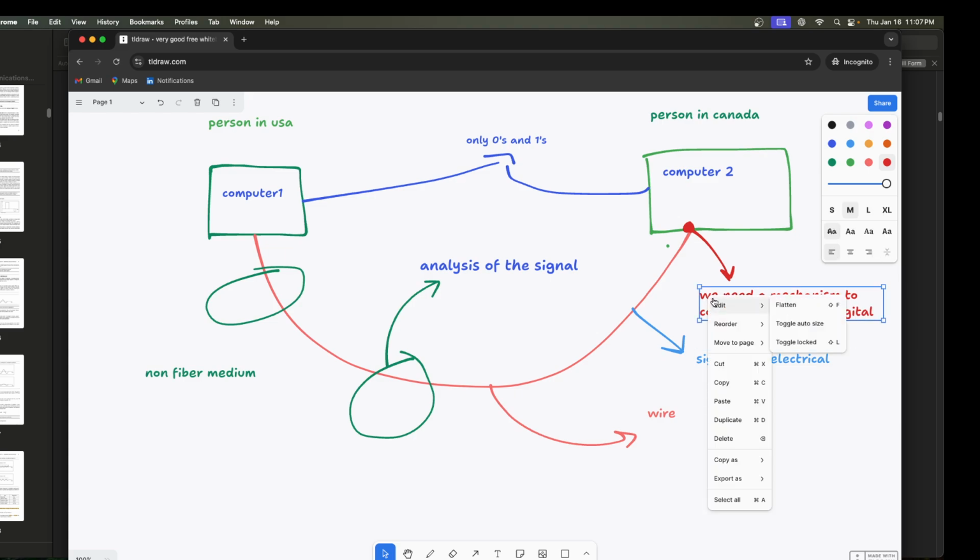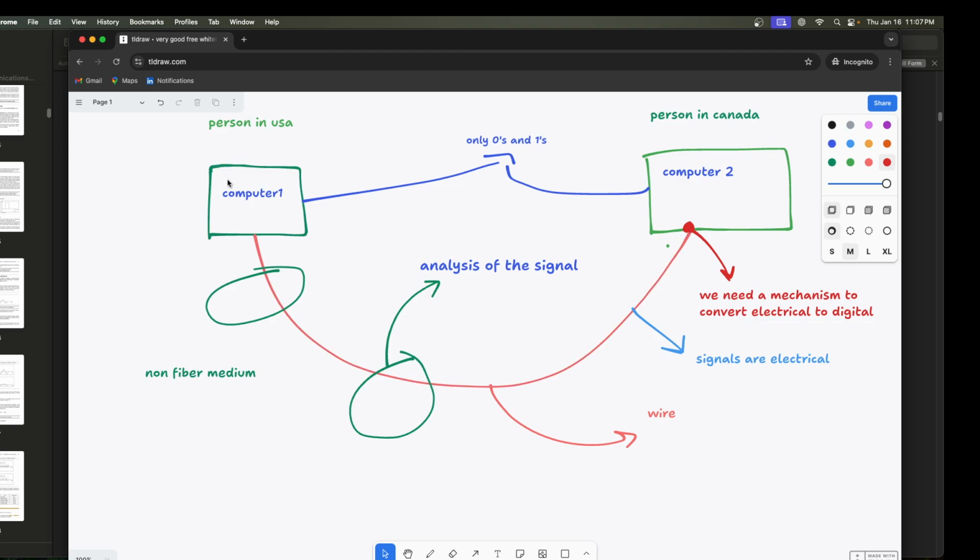Here, let's assume this is my sender. At this point, he needs to convert digital into electrical.